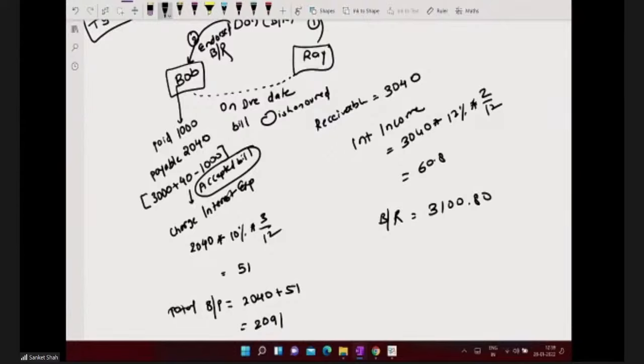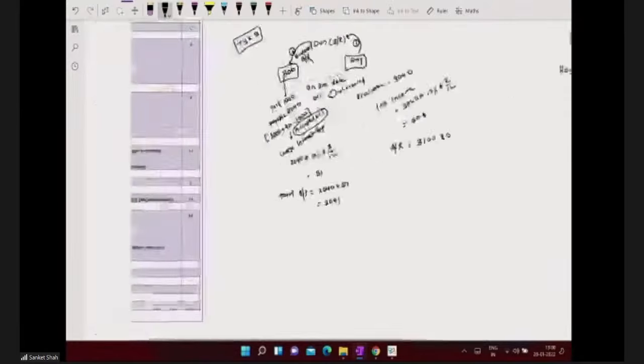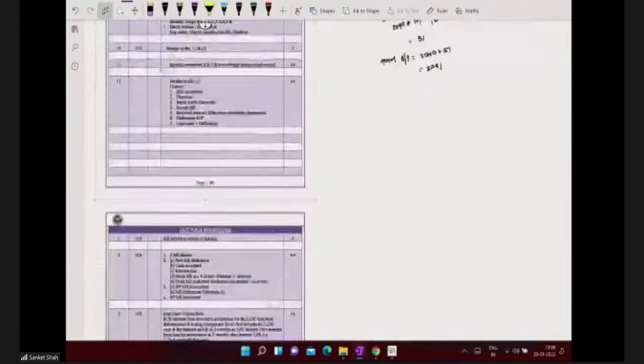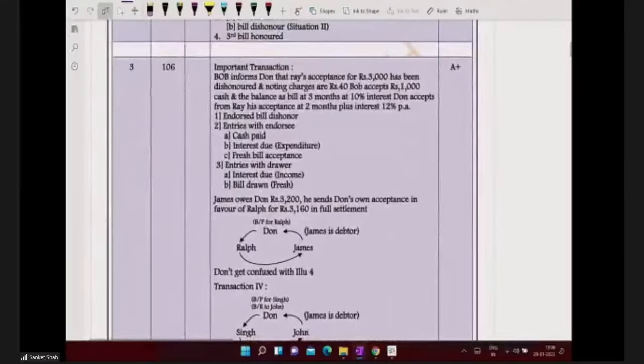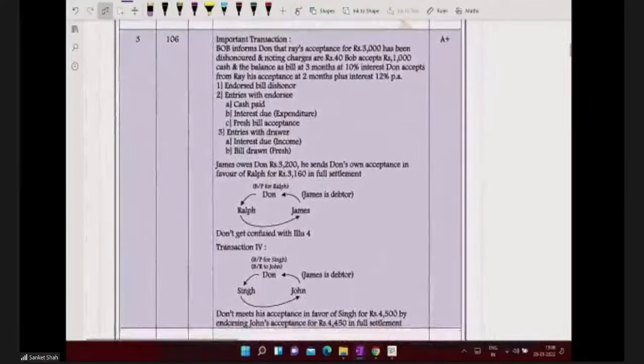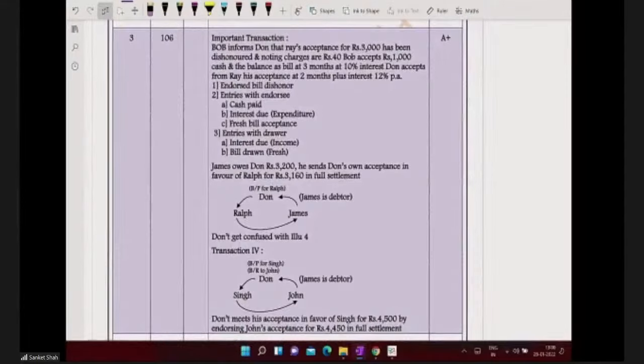So what are the entries, beta? I will show you the entries directly. You can take a screenshot of this problem also, because this question is really very difficult compared to other questions.